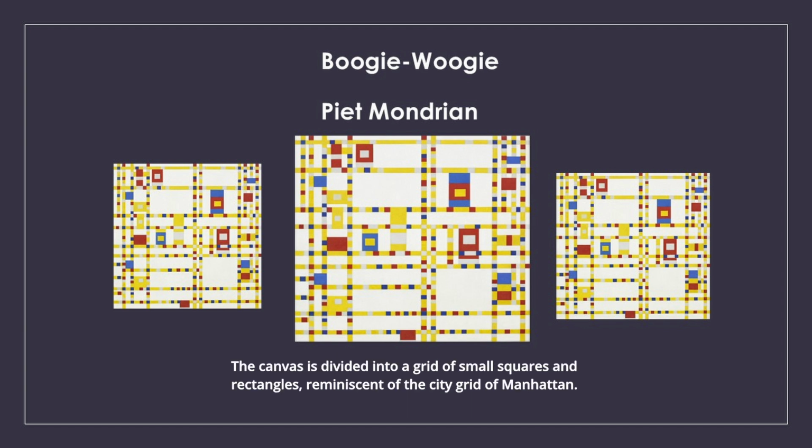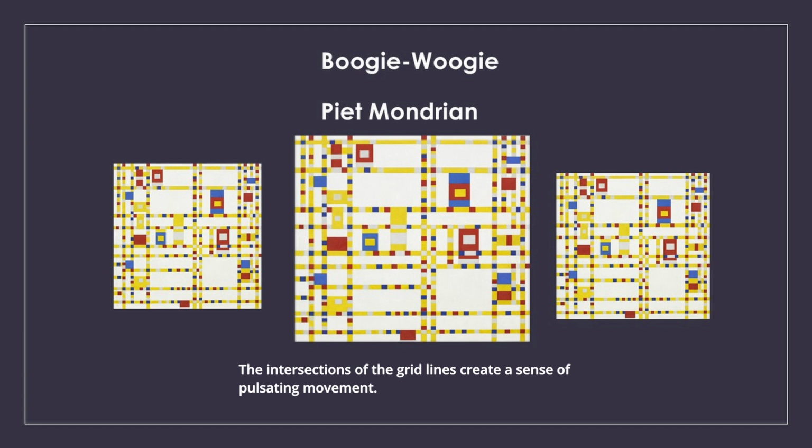The canvas is divided into a grid of small squares and rectangles, reminiscent of the city grid of Manhattan. The grid is not strictly uniform, as Mondrian adjusted the size of the squares to accommodate the rhythm he desired. The intersections of the grid lines create a sense of pulsating movement.